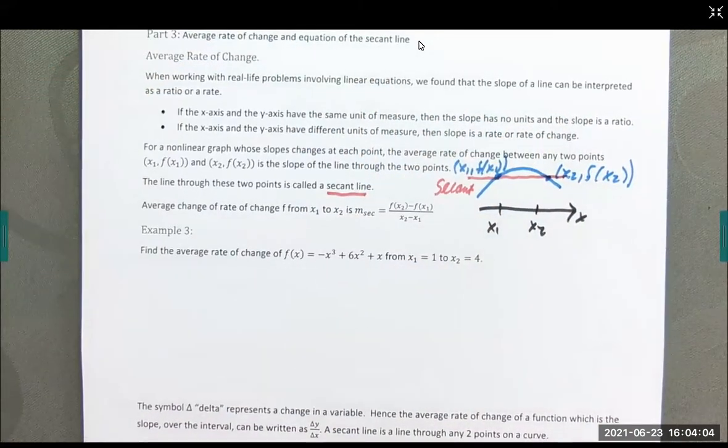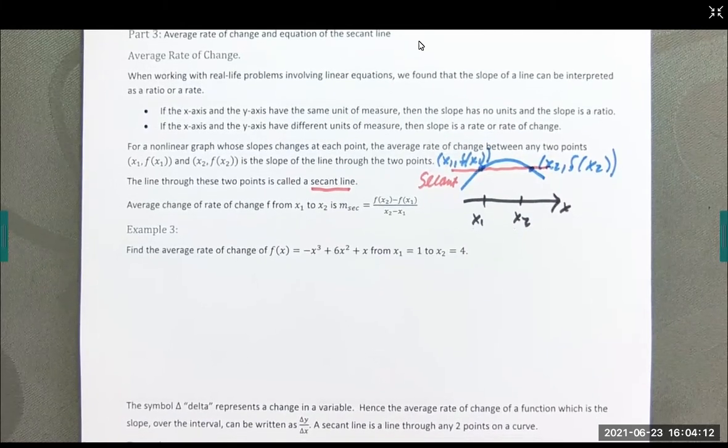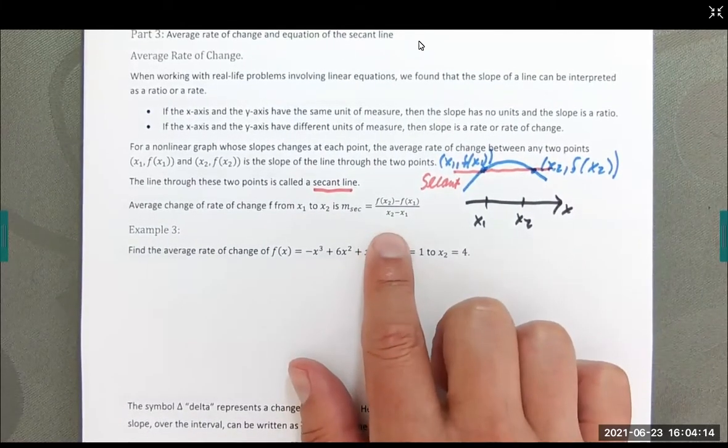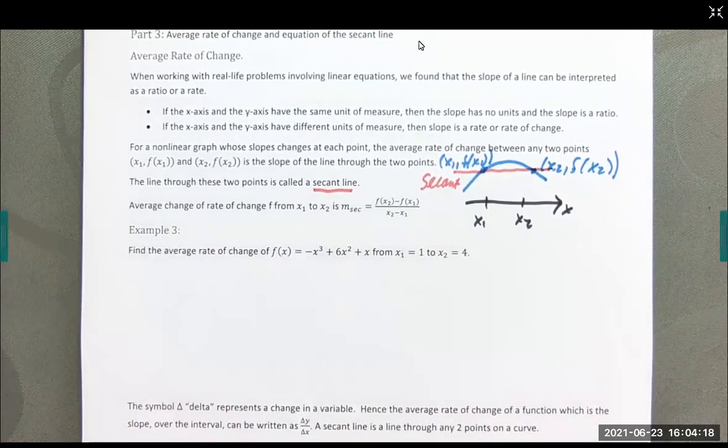Now, I'm going outside the scope of this course, but this is really where calculus was born. Now, we can see that we can use our slope formula to find the average rate of change of f from x sub 1 to x sub 2.